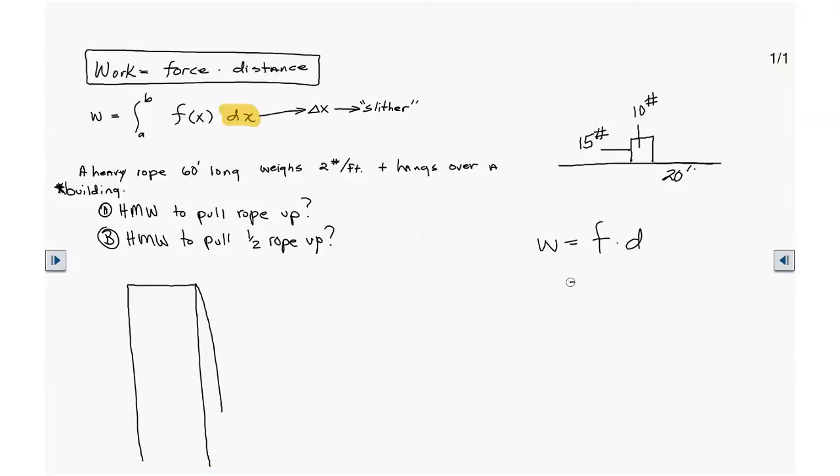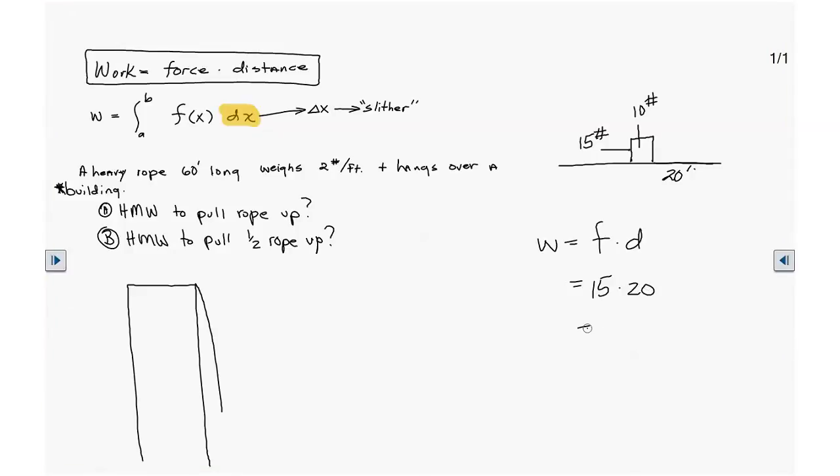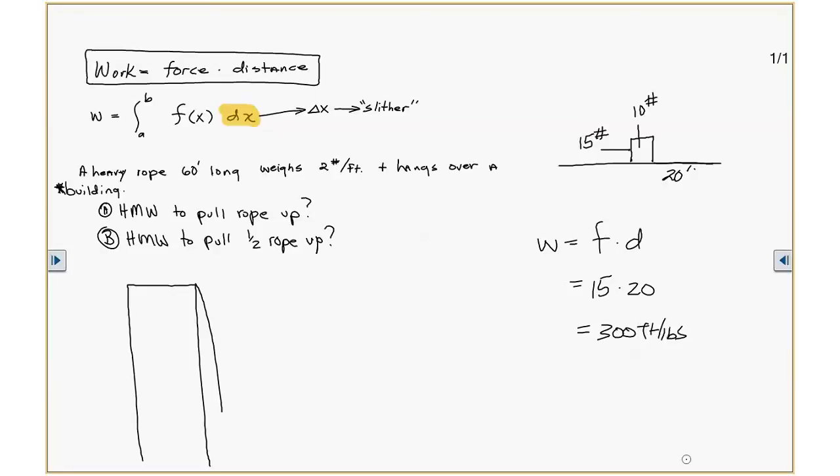So work is equal to 15 pounds times what? Foot pounds times what? 20 feet, which comes up to 300 what? Foot pounds, basically. All right?